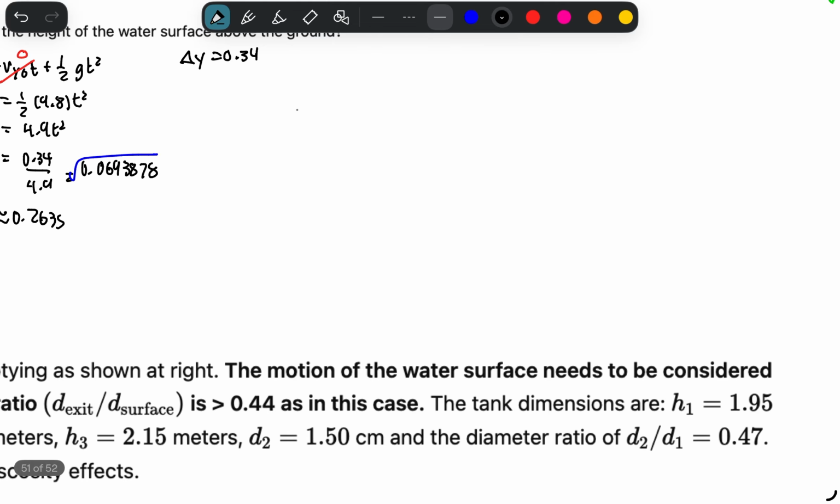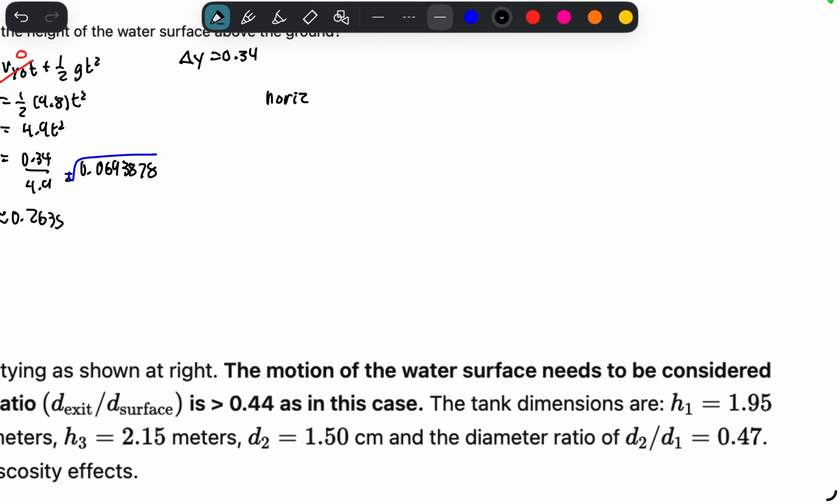Now you need to use horizontal motion to find the speed. So x is equal to vx t. If you solve for vx, you can divide both sides by t. You get that vx is equal to x over t.